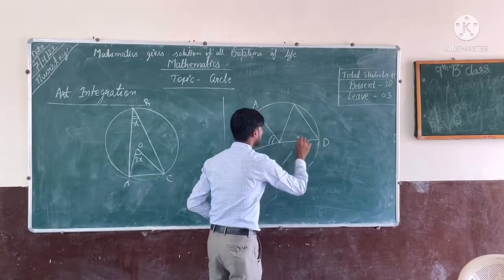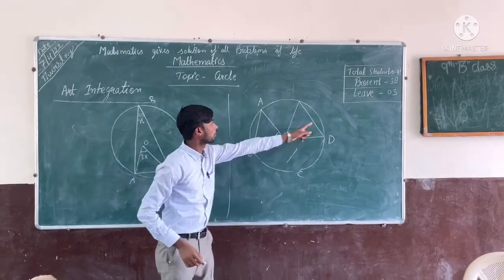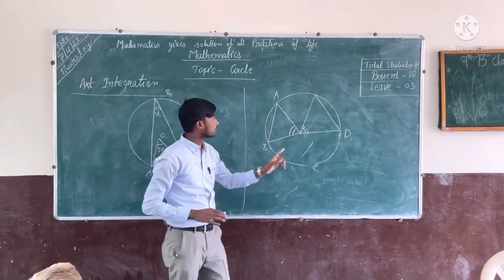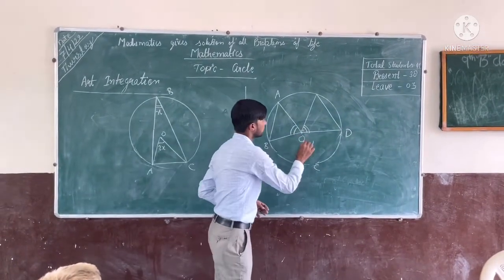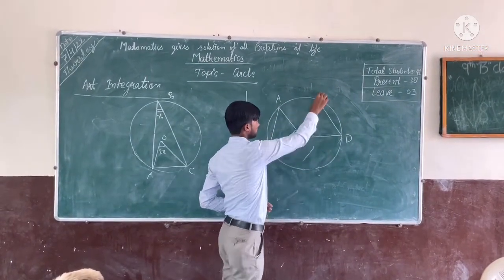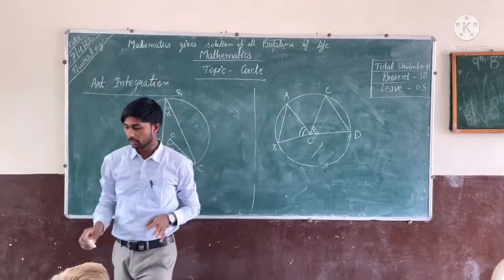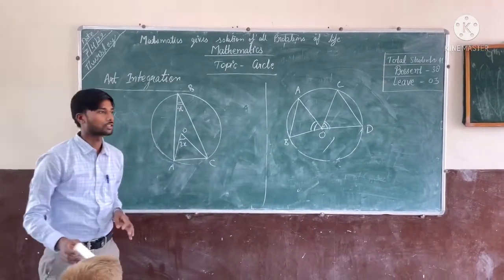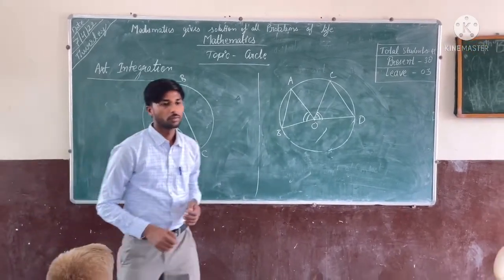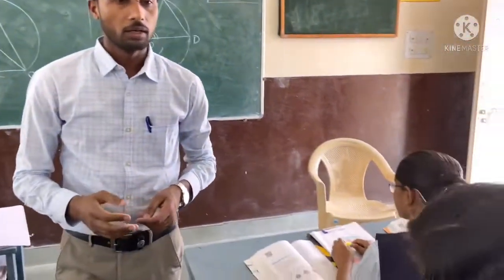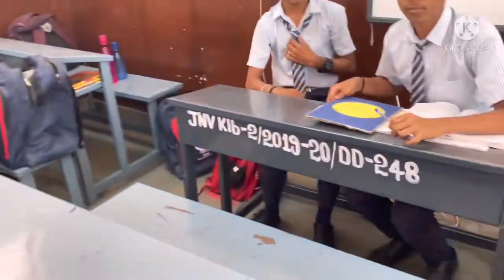In this way also, if chords are equal, then these angles will also be equal. Understood? So it is not mandatory that the two angles should be made by the intersection of the diameters. It may be or may not. Very good, Sridhar. Sit down, please. Next group. Yes, Divakar.